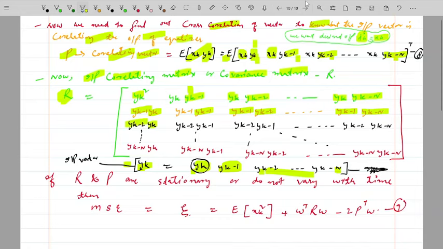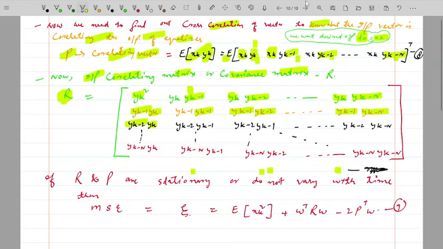This procedure continues up to k minus n. So this procedure is used for creating a covariance matrix here. I think you will get this point.